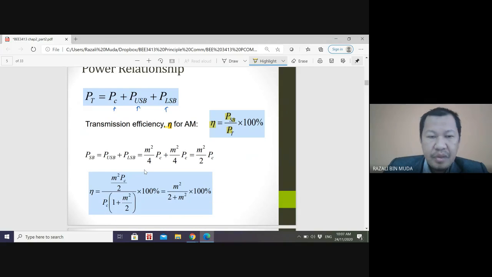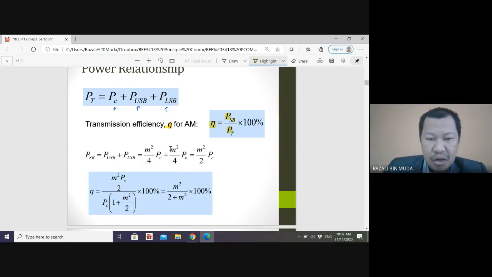So what is the power of sideband? Because it has two, upper and lower sideband, the power of the sideband equals the power of upper sideband plus power of lower sideband. So the power equals m squared over 4 Pc plus m squared over 4 Pc. We have derived this equation in the previous class.